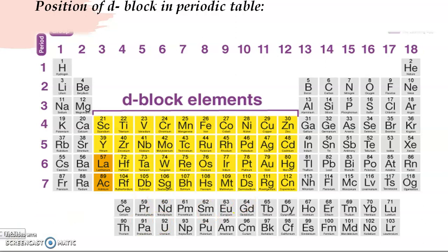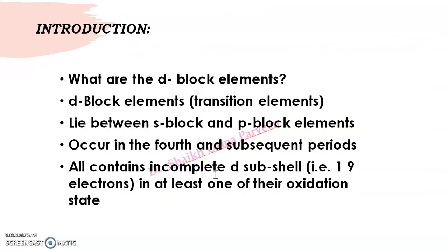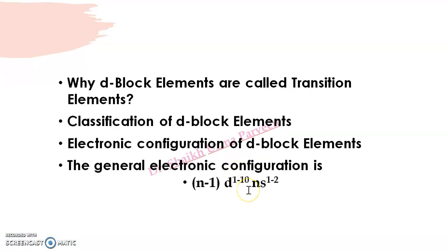So now we'll discuss the electronic configuration of D block elements. In the transition elements, d orbitals of the penultimate shell are successively filled. It is called the penultimate shell because the ns orbital is filled first and then the electron enters into the n-1 d subshell.